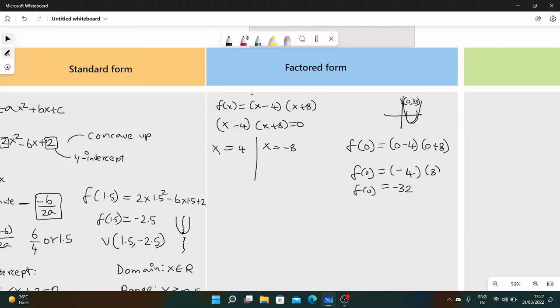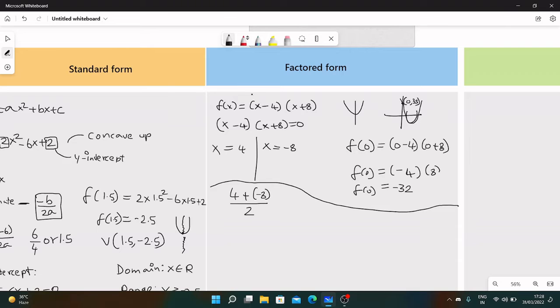To find the x-coordinate of the vertex, we have to add the two x-intercepts and divide it by 2. Let me show you what I mean. 4 plus minus 8 divided by 2. Now you might ask me, why does this work, or why do I have to do this? It's because we discussed this earlier.